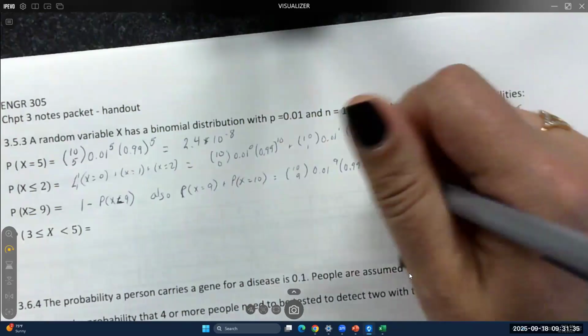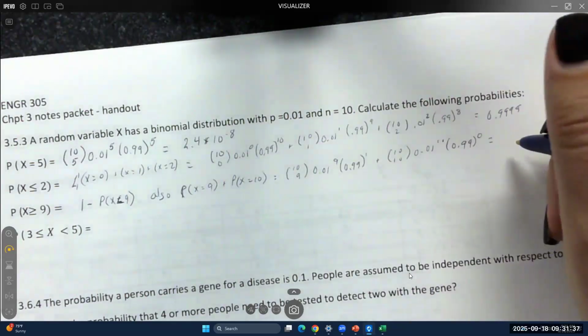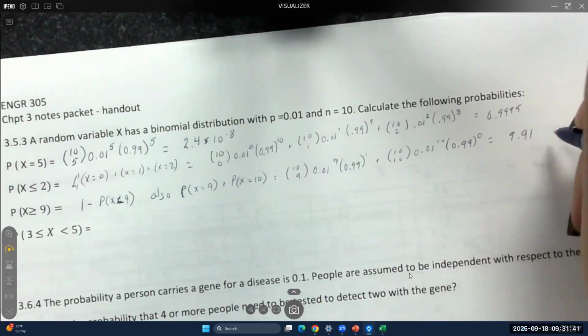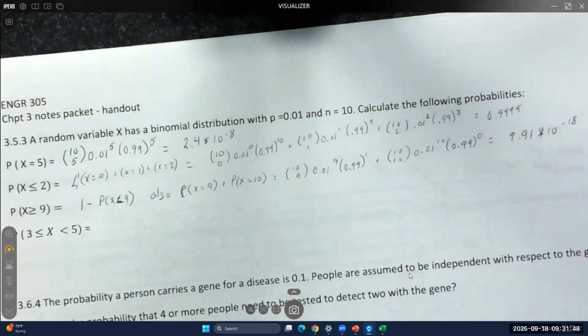So this whole term becomes 1, so that's easy. And this is 9.91 times 10 to the negative 18th power.